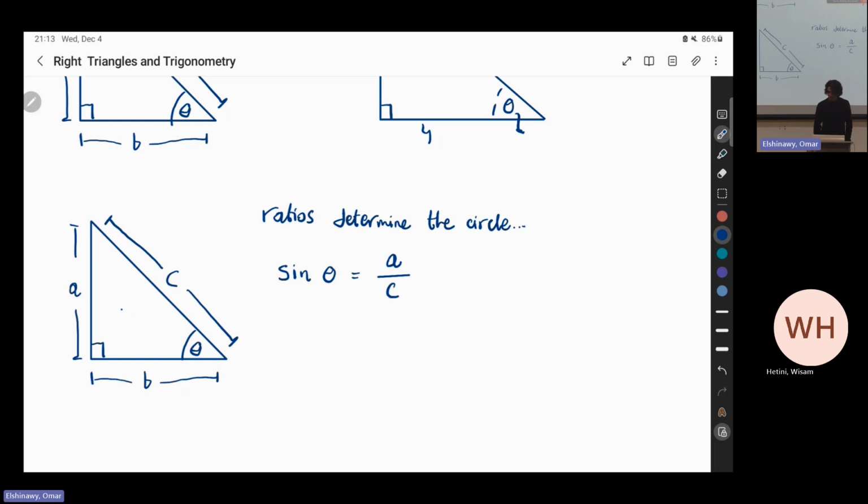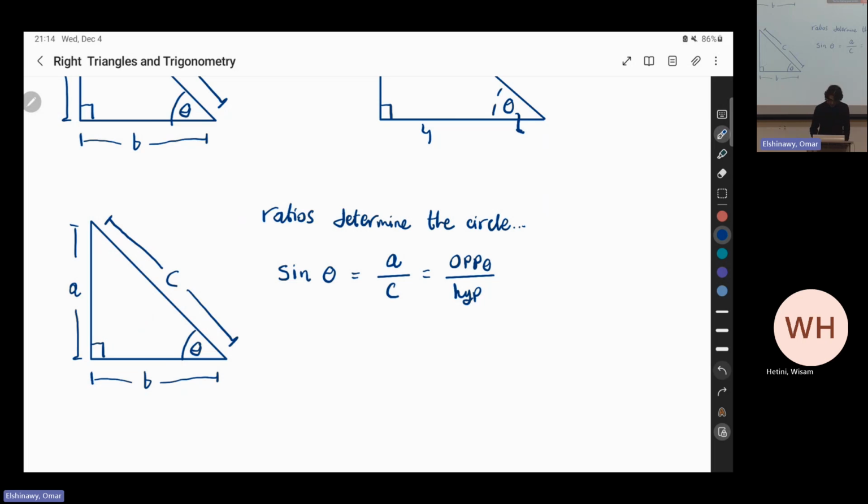A over C is effectively just saying the opposite side to theta, divided by the hypotenuse. The hypotenuse is the longest side in the right angle triangle, or you could say the side that is right in front of the right angle.